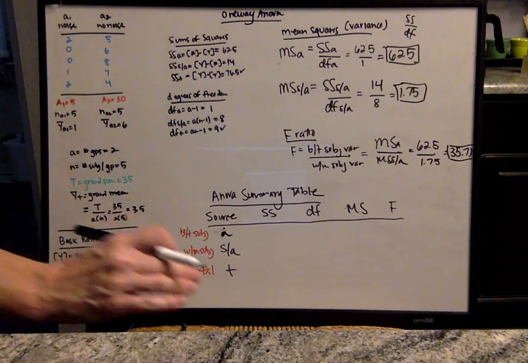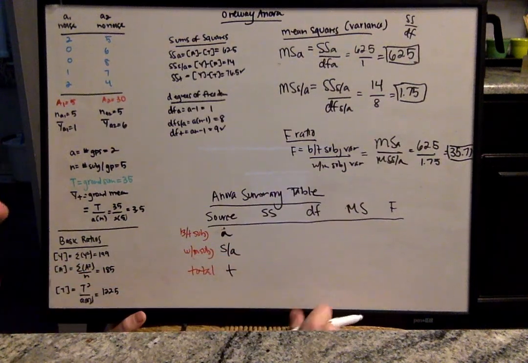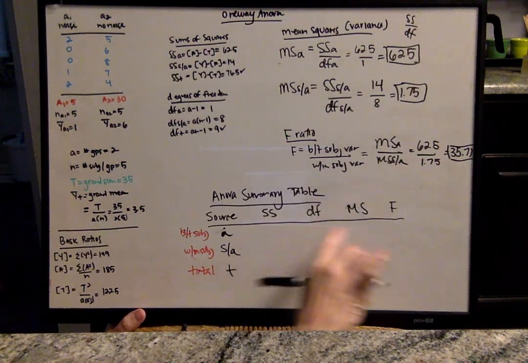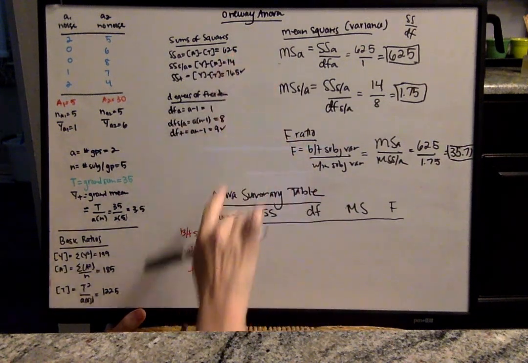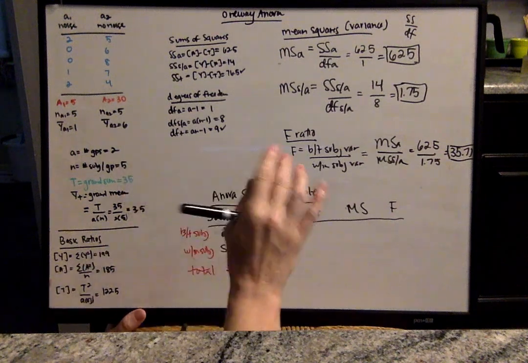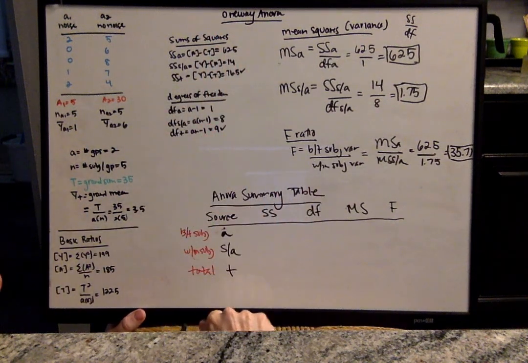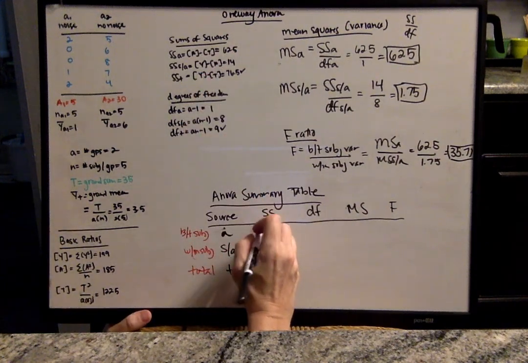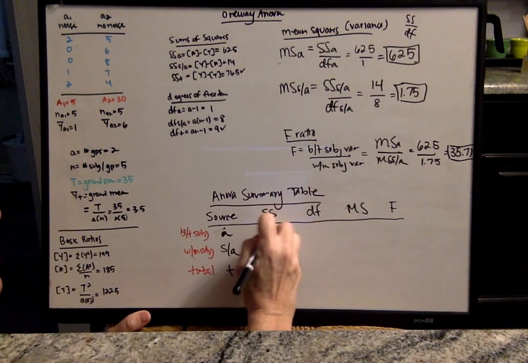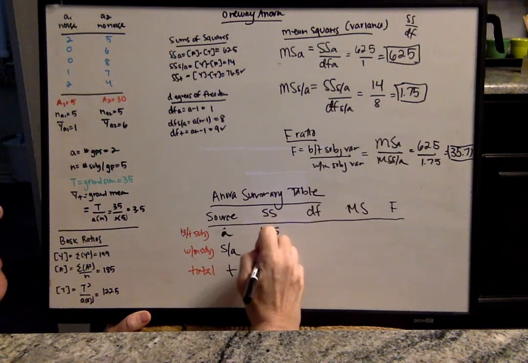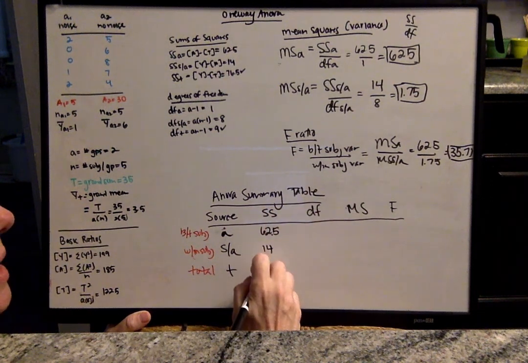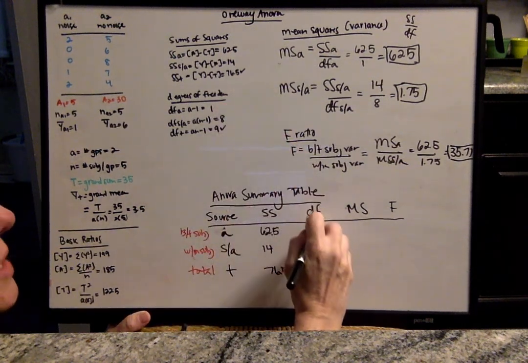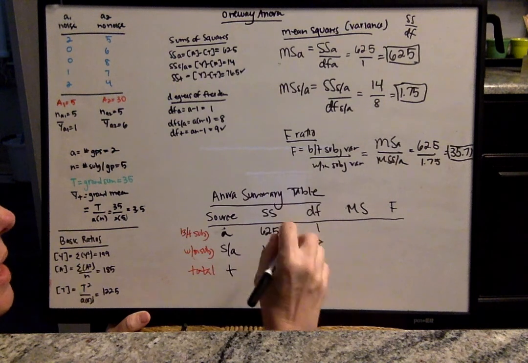Once we have the shell of this table put together, once we have the columns and the rows labeled, all we're going to do now is fill in our calculations. If you did things in order the way I did them, it's really just a matter of going through these calculations in order from start to finish. For our sums of squares, sum of squares A was 62.5, S over A was 14, and the total was 76.5. Our degrees of freedom were 1, 8, and 9.